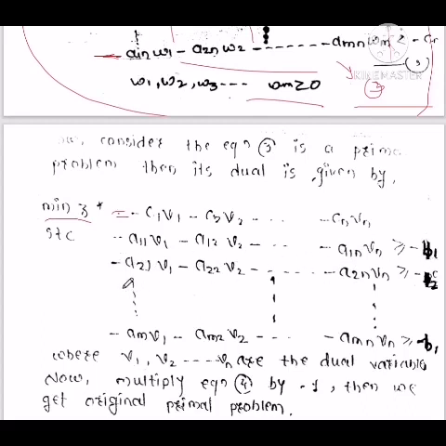This is the first constraint. Then the second constraint: minus A21 V1 minus A22 V2 and so on minus A2n Vn greater than or equal to minus B2, and so on.